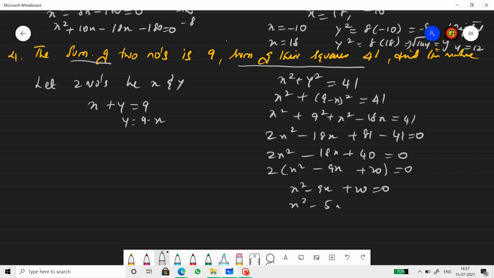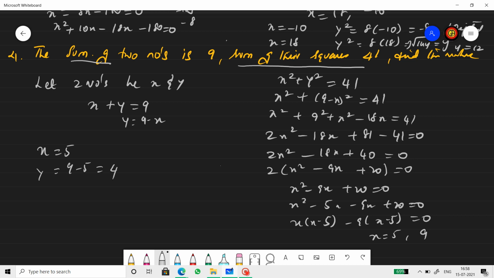So x square minus 5x minus 9x plus 20 equals 0. X times x minus 5 minus 4 times x minus 5 equals 0. X equals 5 or 4. So when x is 5, y is 9 minus 5, so y will be 4.